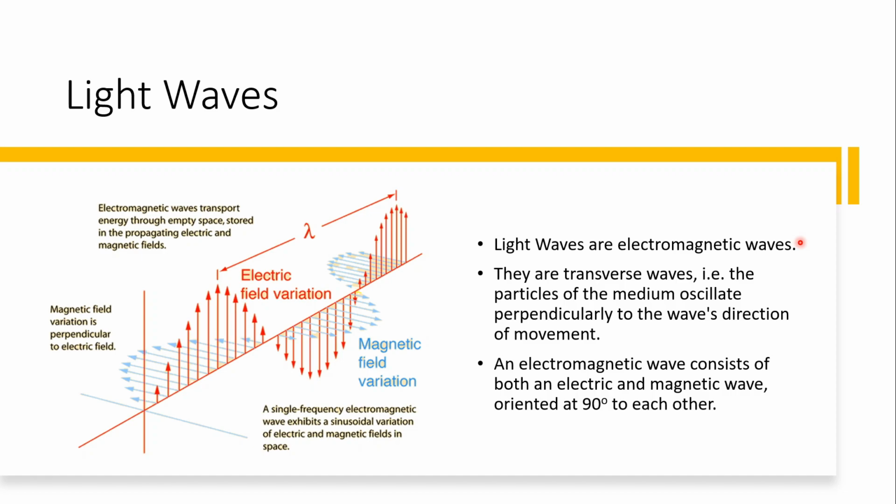The definition changes, and we're going to talk a bit about it. But essentially, light waves are electromagnetic waves, and they've got both a magnetic field and an electric field, and they're alternating, perpendicular to each other. So they're both present at any given moment, but they're at 90 degrees to each other.